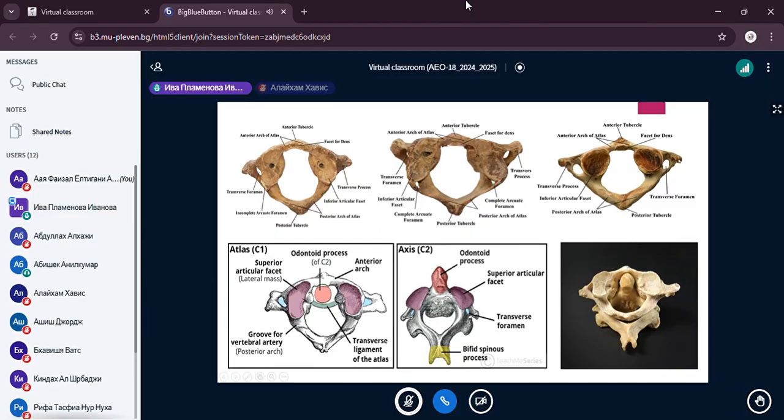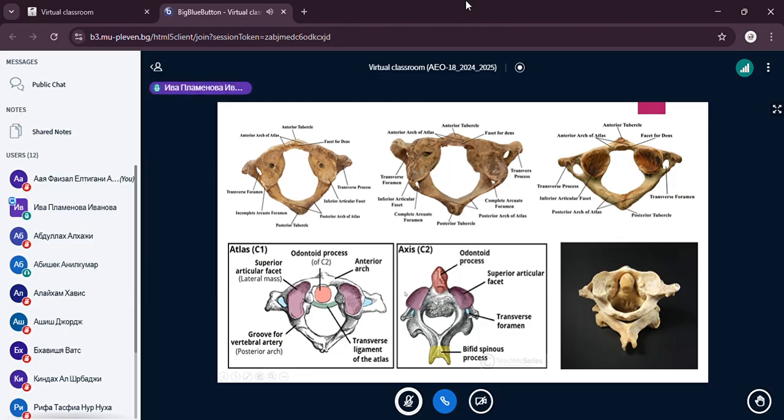And of course, transverse processes, left and right. And the specific thing is this transverse foramen for the vertebral artery.